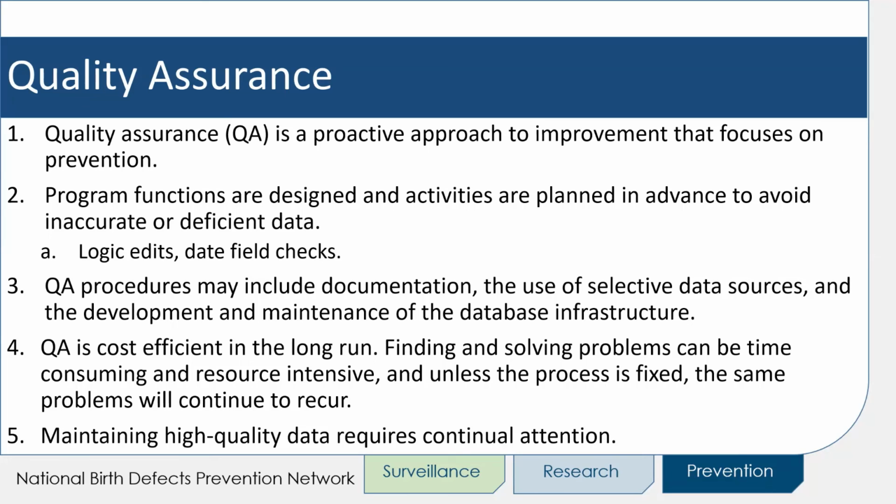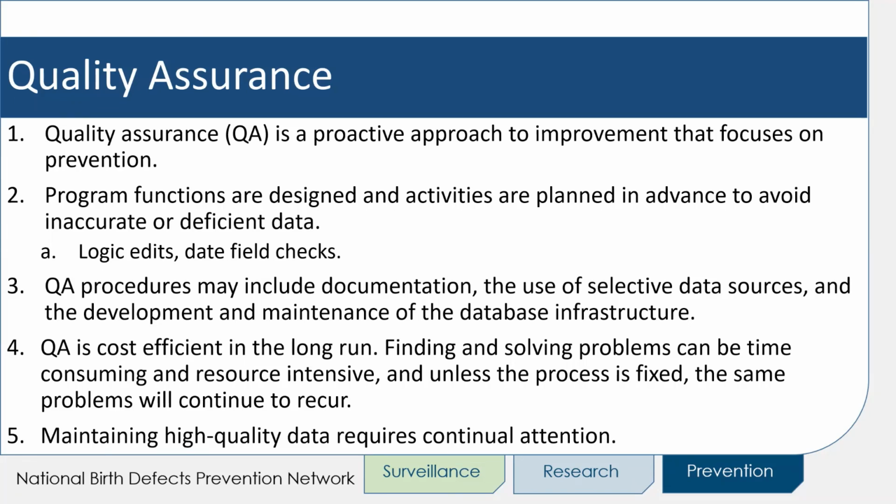QA can be implemented in multiple areas of abstraction and surveillance. For example, it can be implemented in case finding, abstraction, medical records review, disease coding, and data entry. QA procedures may include documentation, the use of selective data sources, and the development and maintenance of database infrastructure.